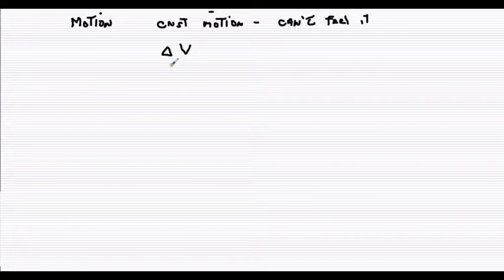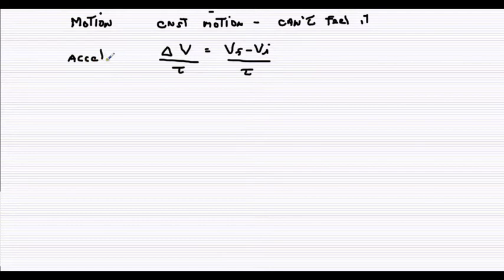And a changing velocity, which is equal to v final minus v initial, if that happens over a certain time, we call this an acceleration. And this we can feel. Our bodies can feel this.